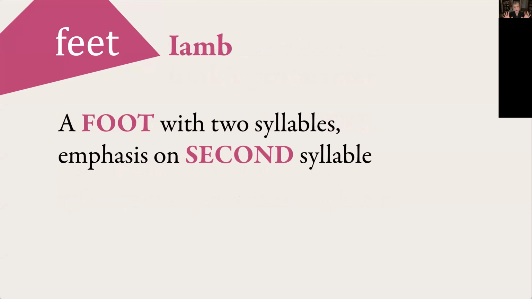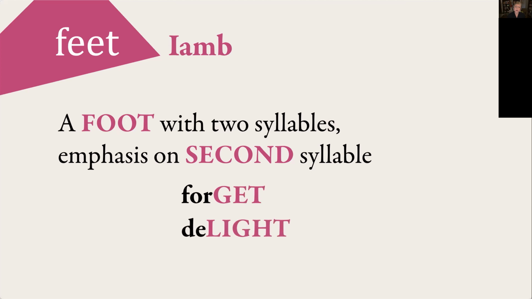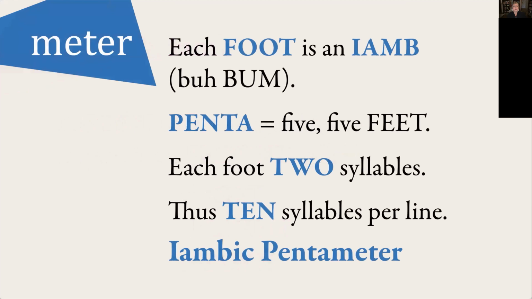So within that structure of feet, there's a foot called an iamb. It has 2 syllables, emphasis on the second syllable. Forget, delight, return. My name, Robin, is just the opposite. It's not an iamb. So each foot is an iamb, yeah? Ba-bum, ba-bum, ba-bum.